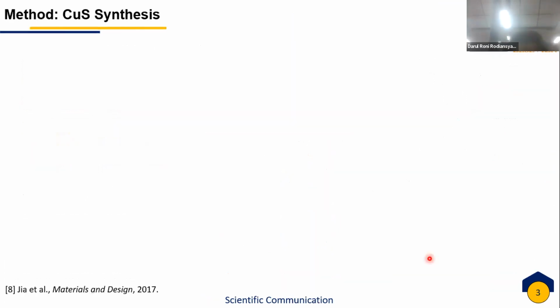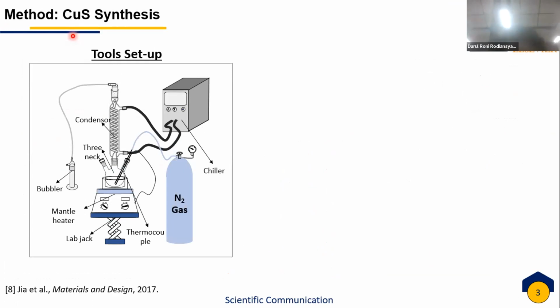Next, in this slide, I will explain the research method. These are two pictures: one I made manually and one a photo I took during the experiment. The setup of the tools I use is shown in this figure.